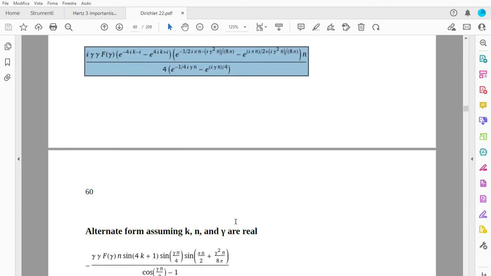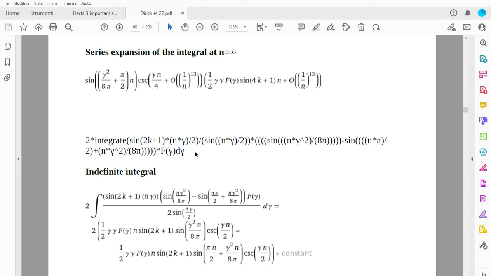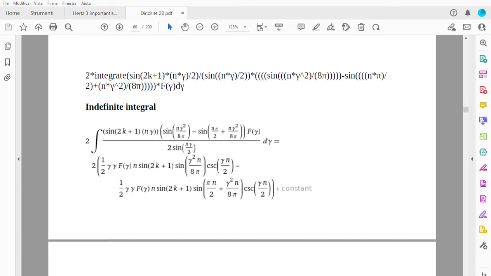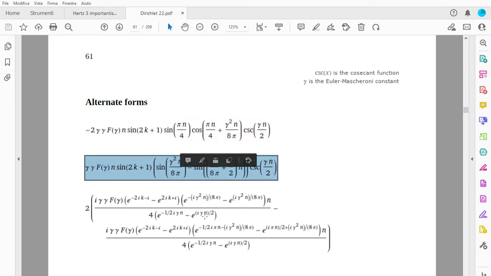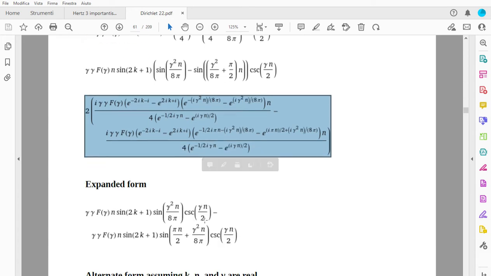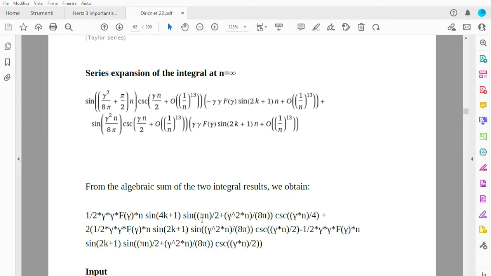From the second integral of the above expression, we obtain the following alternate form. And the study of the function.